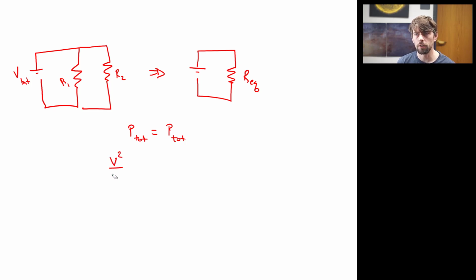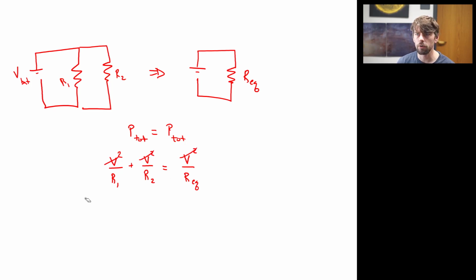So what we have here is the potential drop squared across R1 plus the potential drop squared across R2. We want that to be equivalent to the potential drop across our equivalent resistor. And we have a goody-goody moment.